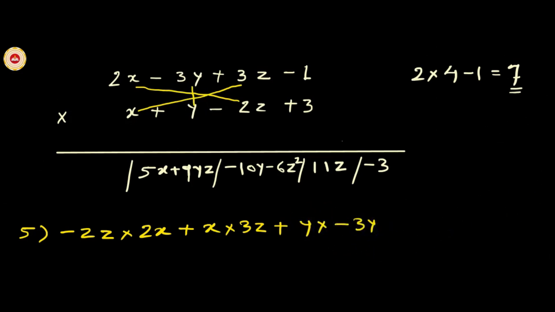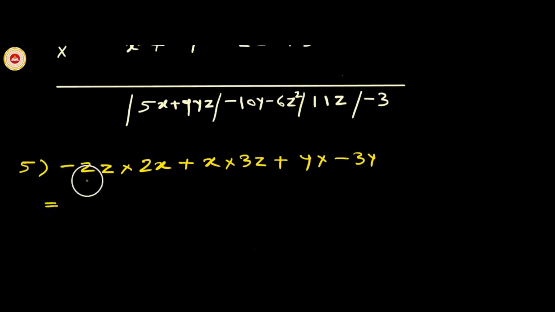So let us solve it. Minus 2z multiplied by 2x, that means minus 4xz, plus x multiplied by 3z, that means 3xz, plus y multiplied by minus 3y, that means minus 3y squared.